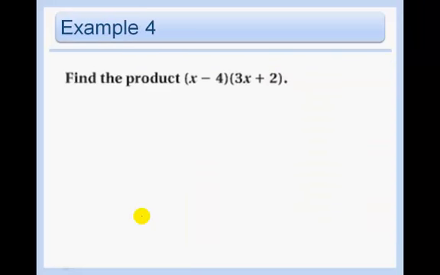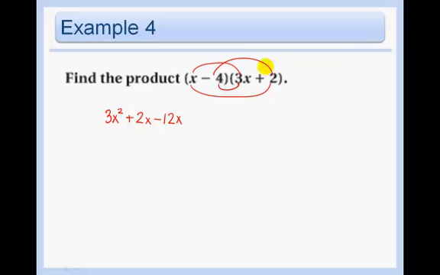Here's another FOIL problem. So I'm going to do first, so the number part is 3. X times x is x squared. Outer is plus 2x. The inner says negative 4 times 3x. So negative 4 times 3 is negative 12x.